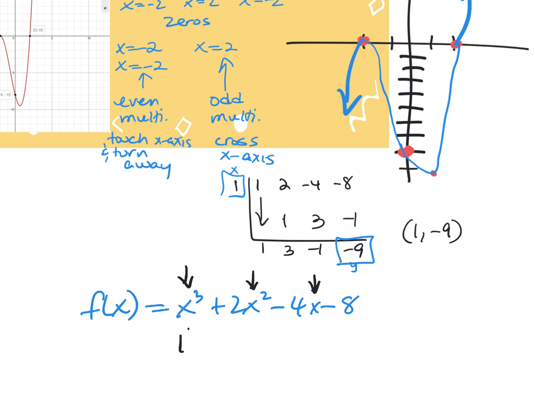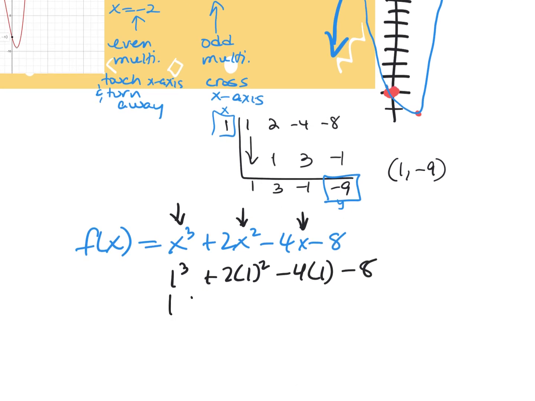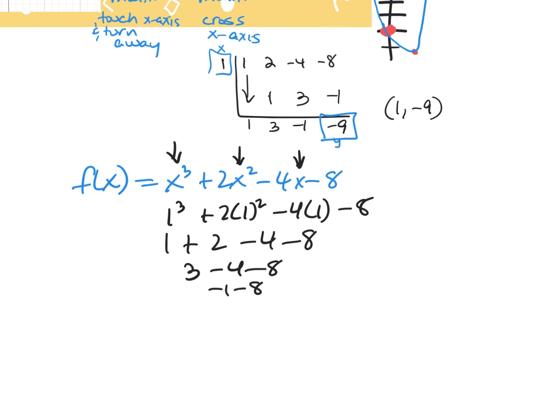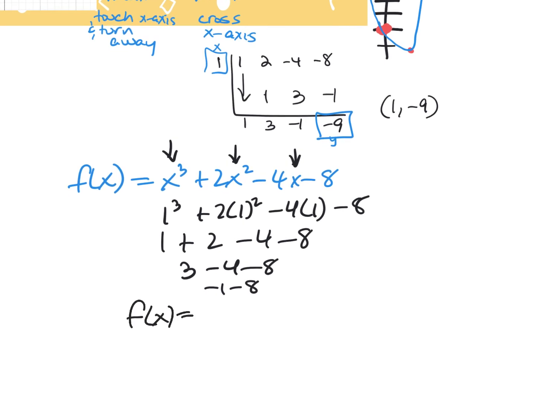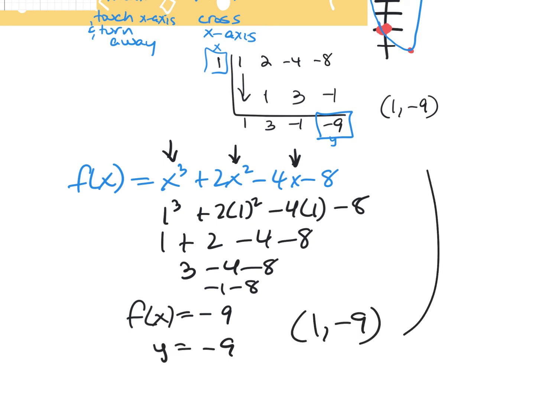So I could have done 1 cubed, 2 times 1 squared, and then get 1 plus 2 minus 4 minus 8, 3 minus 4 minus 8, -1 minus 8, and then f of x equals -9. Remember, f of x is just y equals. So again, you could have gotten the same order pair that I got when I did synthetic. Usually, using synthetic is a lot easier.